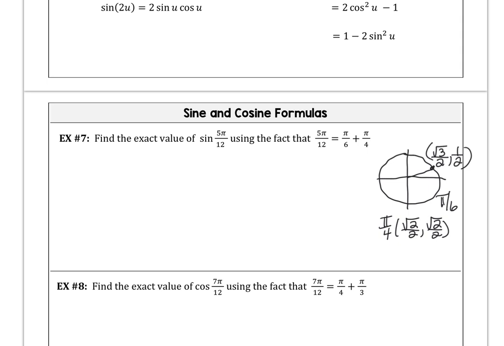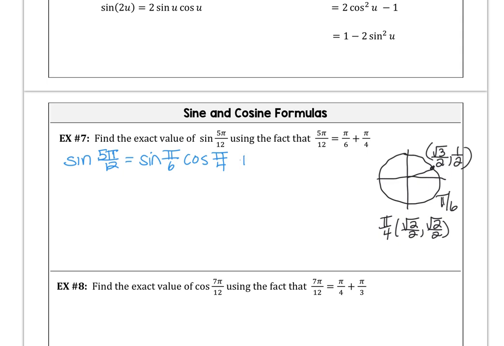Using our identity, sine of 5 pi over 12 can be rewritten as the sine of pi over 6 and the cosine of pi over 4. Sine, cosine, cosine, sine. That's our pattern.